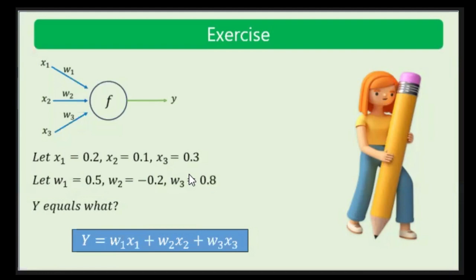Bias means it's a constant. We'll come to that point a little later. Only the inputs and the weights are given, so the bias is 0. So just substitute it, you will find the answer.